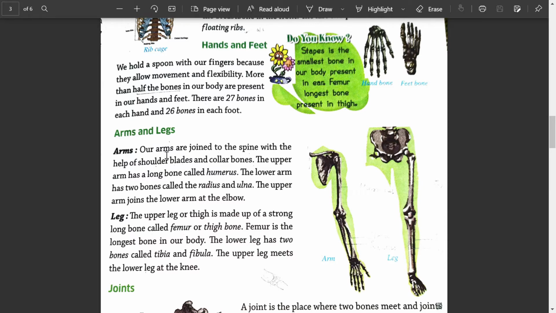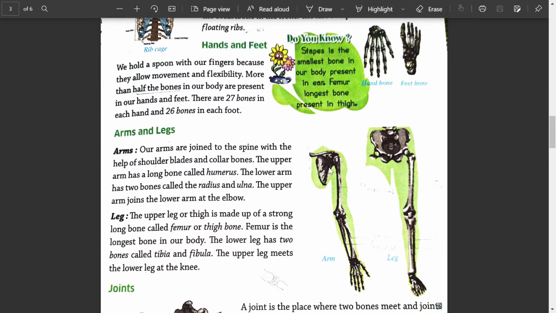Now, moving to arms and legs. Our arms are joined to the spine with the help of the shoulder blade and collarbone. So you can see this is the shoulder blade, this is the arm, and this is the collarbone.